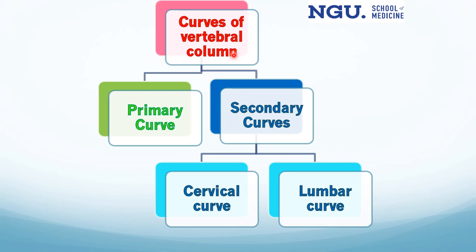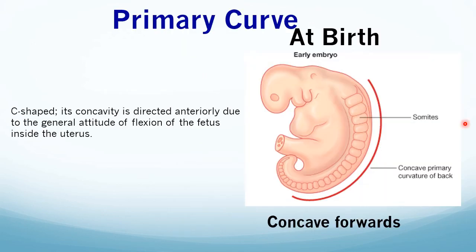Curves of the vertebral column: there are two types, primary curvature and secondary curvatures. Secondary curvatures occur at the cervical part and the lumbar region. Primary curvature is present in the fetus.